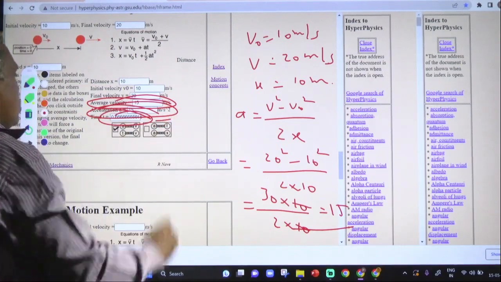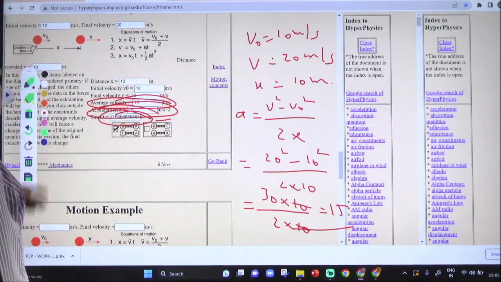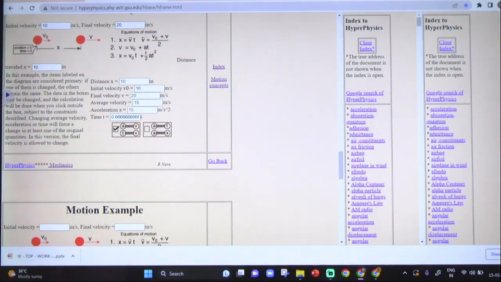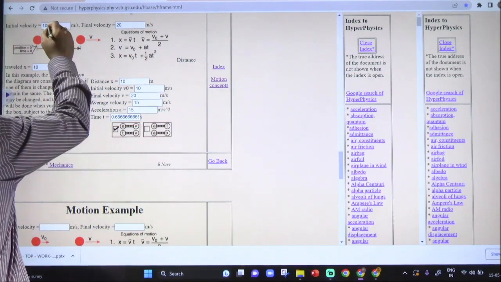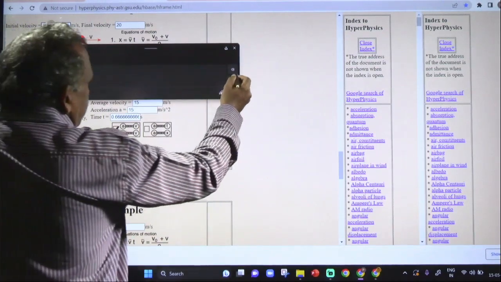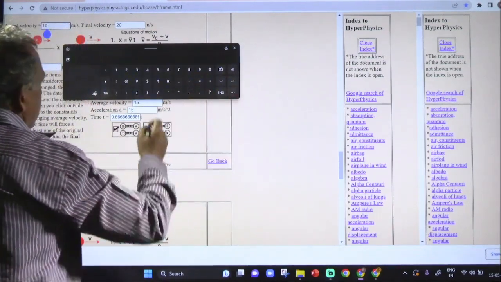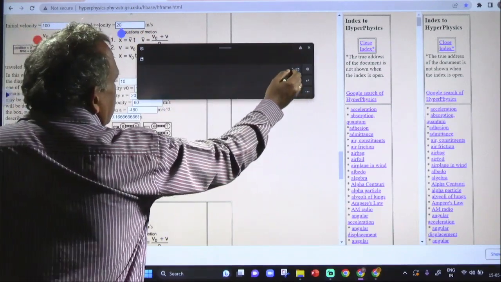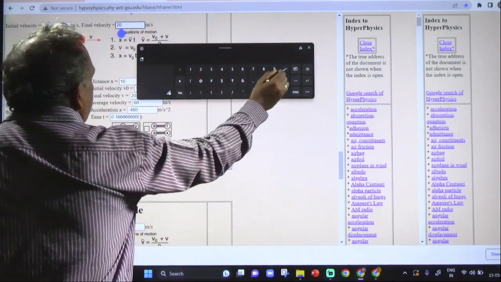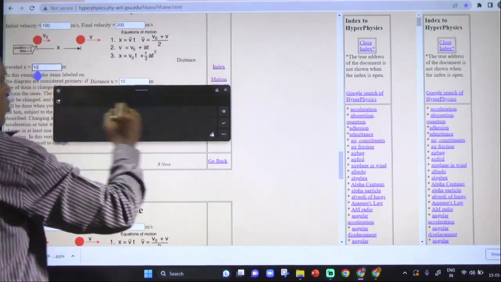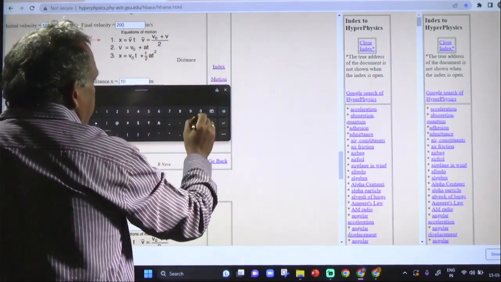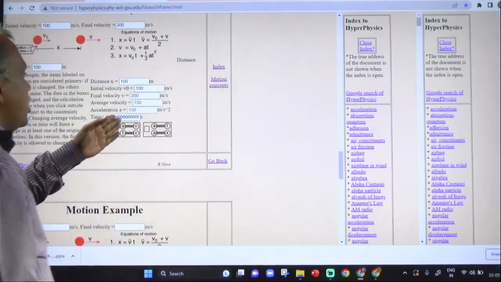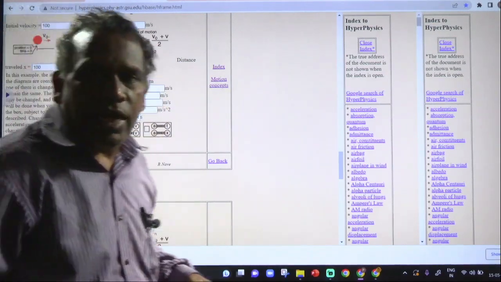You got all the answers very quickly, within a fraction of a second. For example, instead of 10 you give 100, here you give 200, and the displacement is another 100. So now the calculation gives 150 meters per second square acceleration.